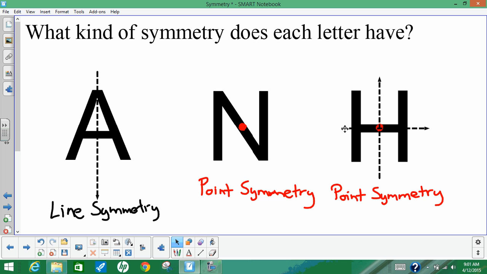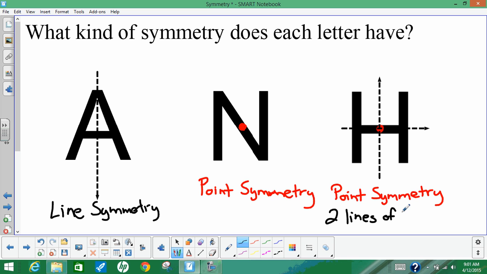And we fold H over that horizontal line, it's going to look exactly the same. So this has two lines of symmetry. So the letter H is very symmetrical.